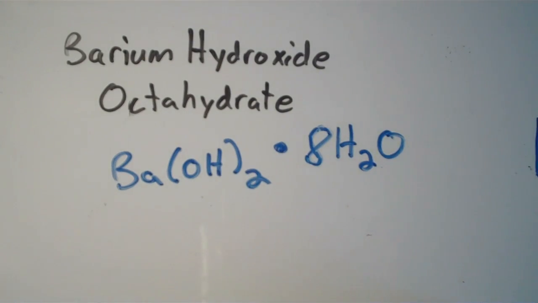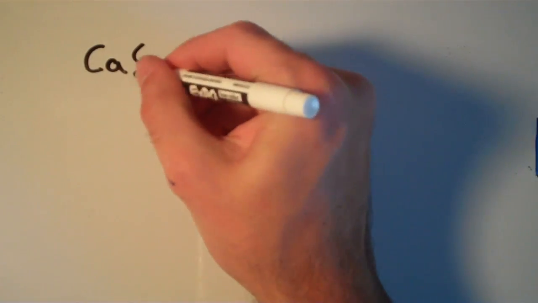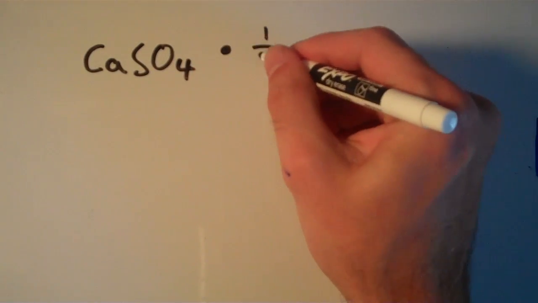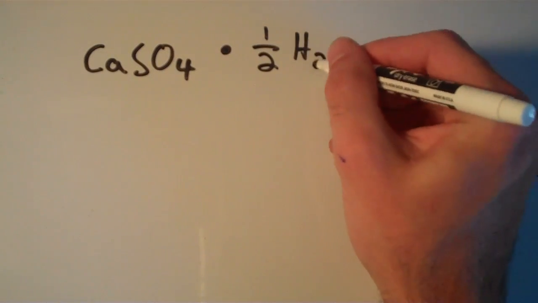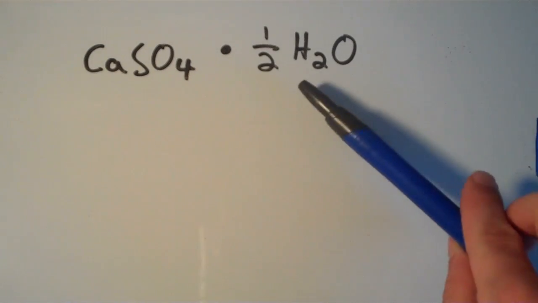Now let's try to do one where we're given the formula and we have to name it. CaSO4 dot 1/2 H2O.